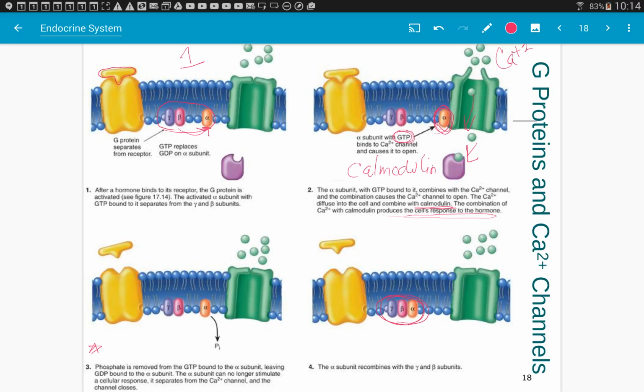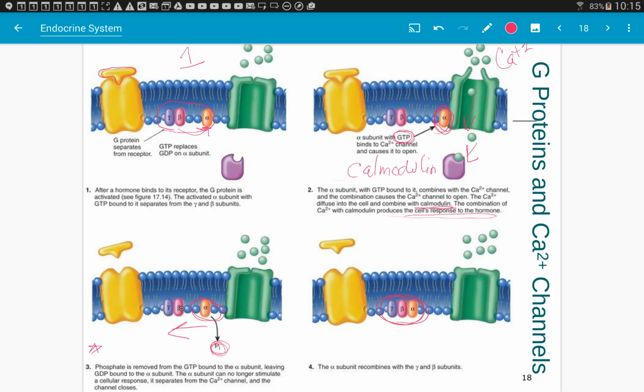Okay, down here, the alpha subunit gets rid of one of those phosphates from GTP. So T means triphosphate, so I think it's guanosine triphosphate. So at this third step, it gets rid of a phosphate, so now it's diphosphate. So now it's GDP, and that causes that alpha subunit to break away from that calcium channel.